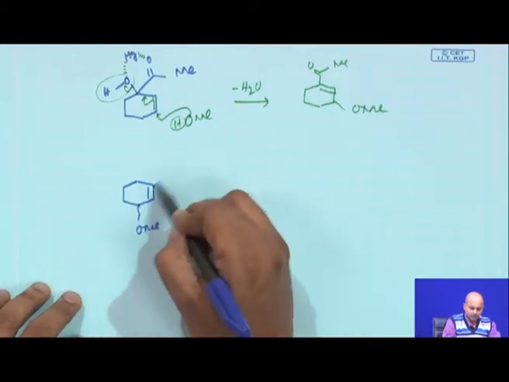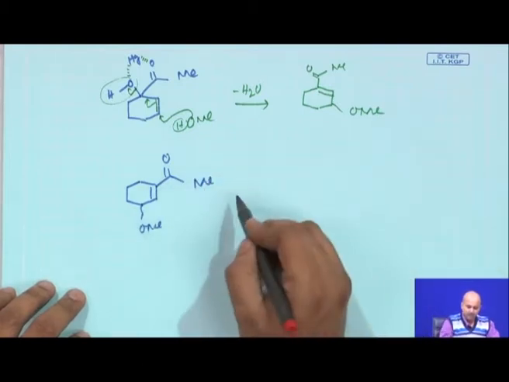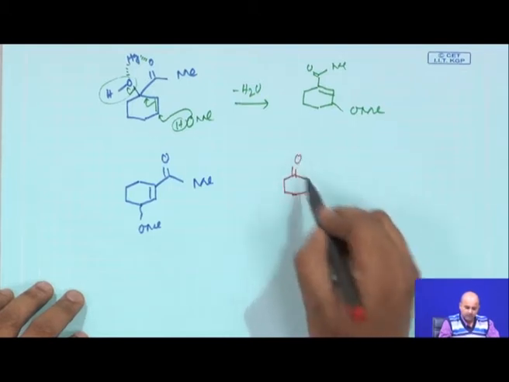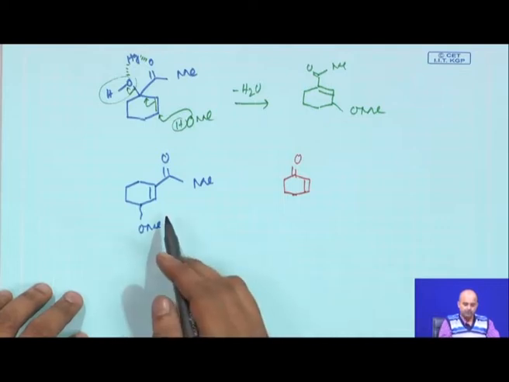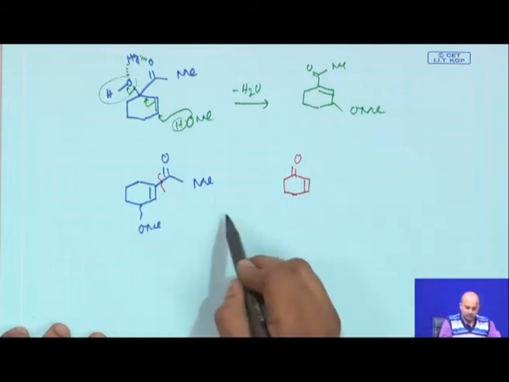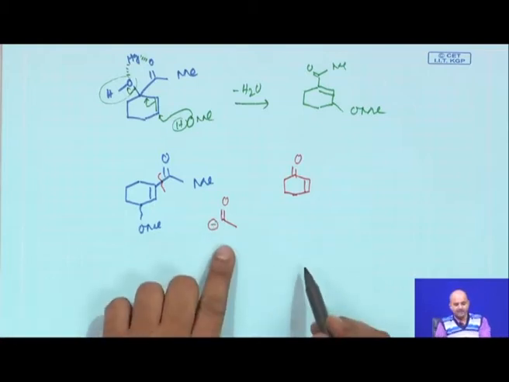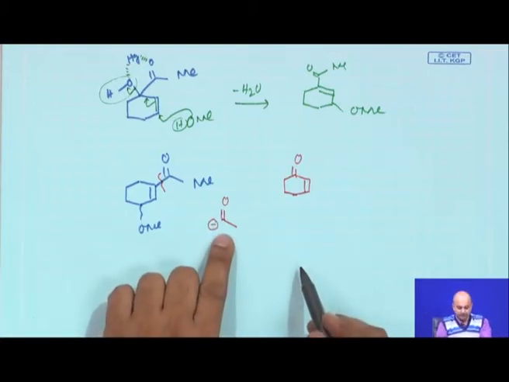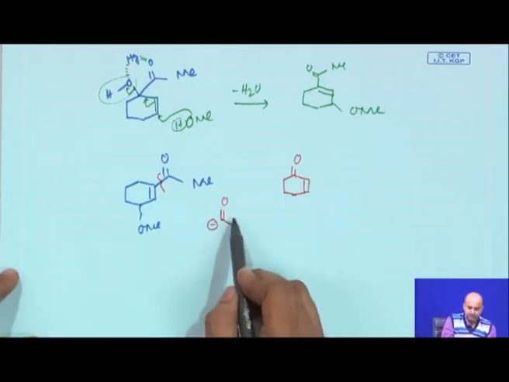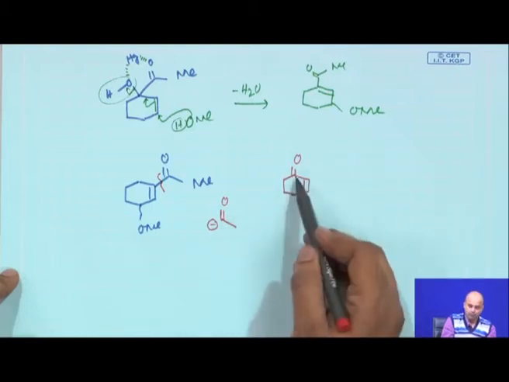Now, the target which was initially given to you is these things. The starting material which was also given to you is a cyclohexenone. So, what exactly did we do? We just did acyl anion umpolung chemistry. Now, this acyl anion umpolung chemistry normally reacts in a 1,4 fashion, sorry, 1,2 fashion.